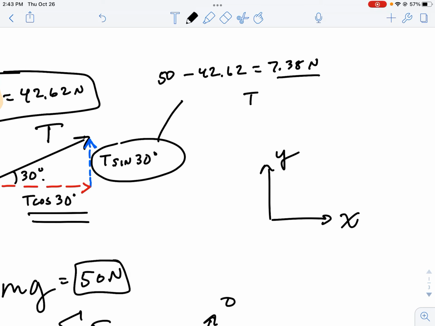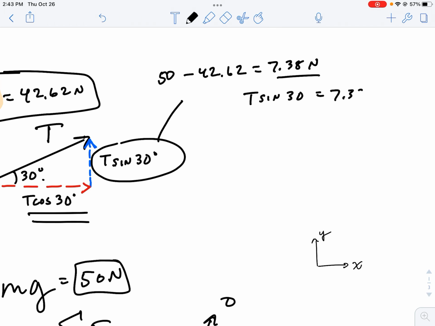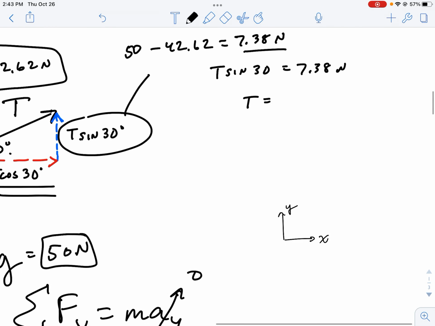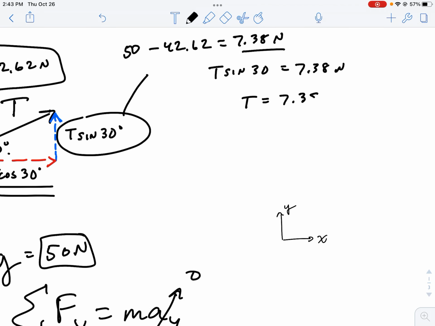If that's true, then T is equal to 7.38 newtons divided by sine 30, which is going to give me 14.76 newtons.